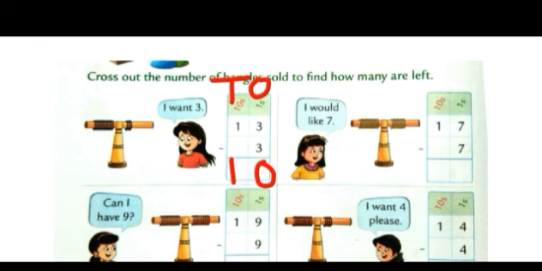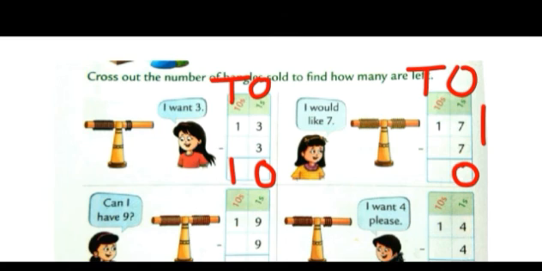Total 17 bangles are there. And what is this girl saying? I would like 7. That means she wants 7 bangles. So this is the ones column. And this is the tens column. First step says subtract the ones. So 7 minus 7 is 0. When a number is subtracted from the same number, it will give 0.